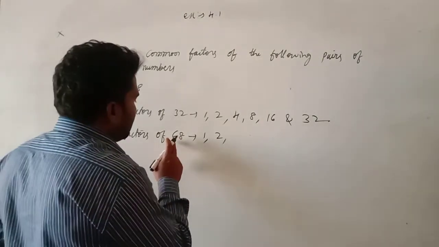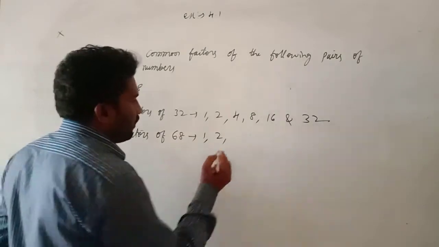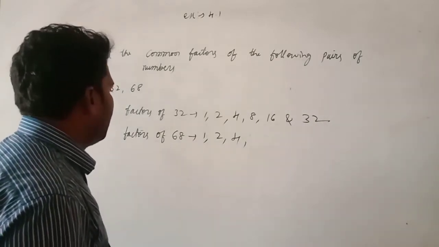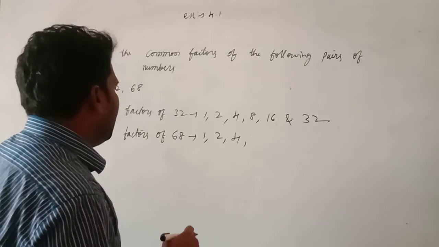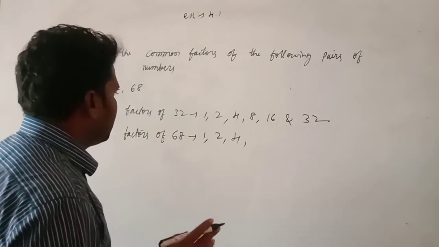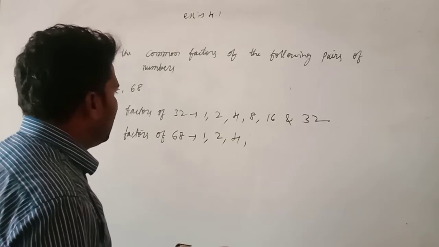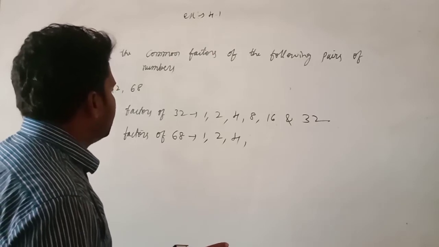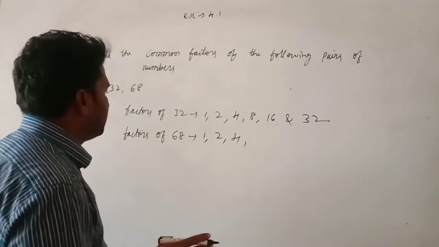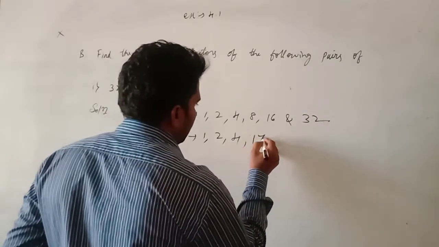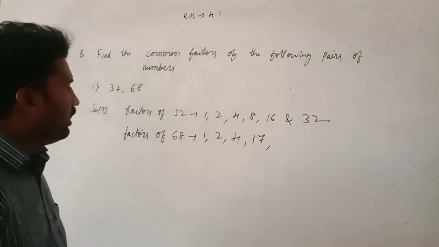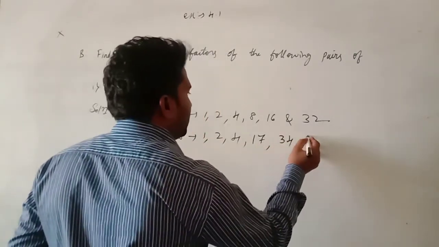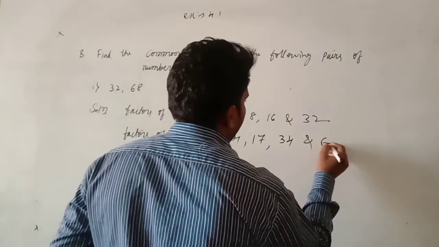Yes, it is possible. 5 no. 6 no, because it is not divided by 3. 7, 8, 9 up to 16 no. 17 yes, 17 twos are 34, and finally it can be divided by 68.